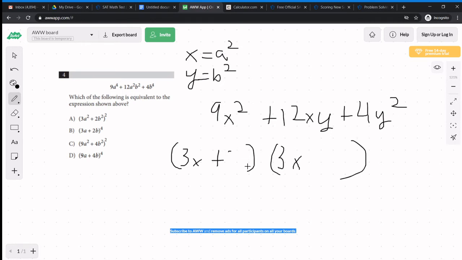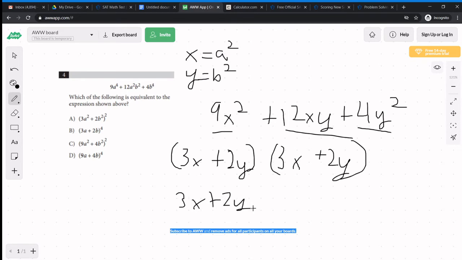If we multiply 2y by 3x here, we get 6xy, and if we do that again, we get 12xy. And then 2y times 2y is 4y squared. So we get 3x plus 2y, squared. Now we plug our a squared and b squared back in. We get 3a squared plus 2b squared.